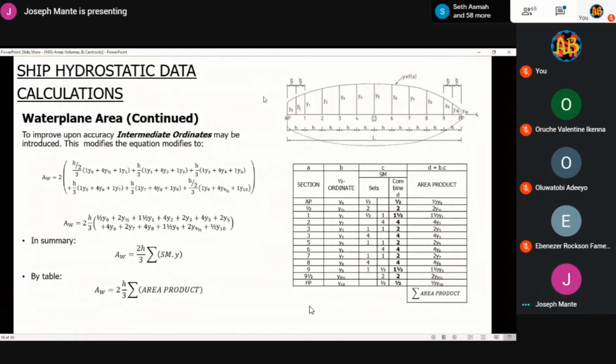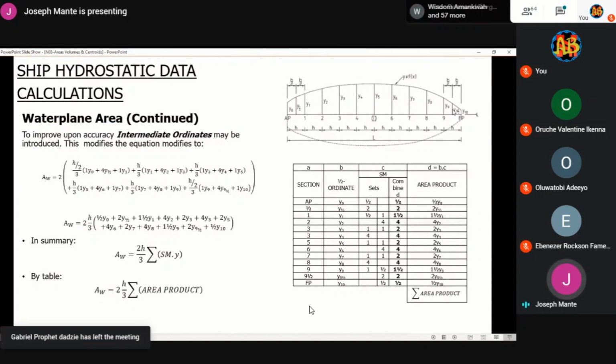And at half ordinate 2, we have also divided it. So this becomes the formula. Here you are having h over 2. You are dividing the h into 2, because already you are dividing that particular interval into 2.